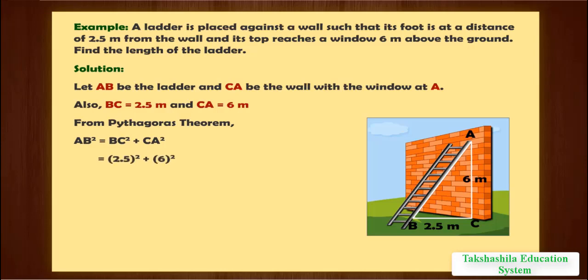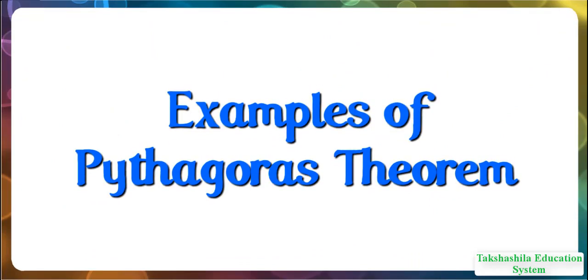That means AB square is equal to 2.5 square plus 6 square, which is equal to 42.25. Taking square root on both sides, we get AB is equal to 6.5. Thus, length of the ladder is 6.5 meters. Examples of Pythagoras theorem.